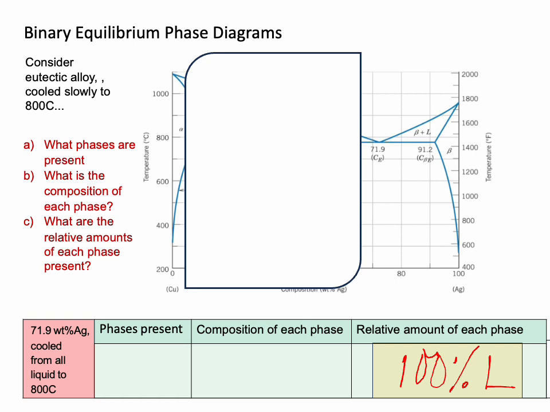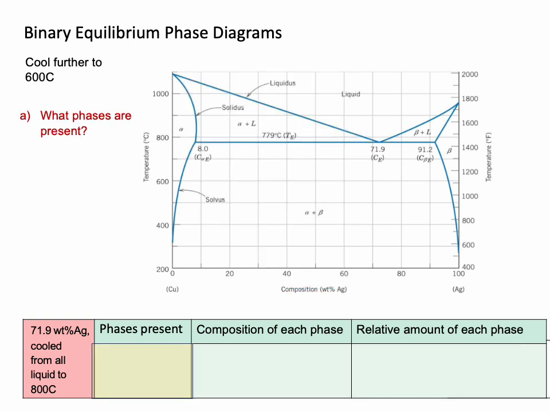All right. So let's go then to this same eutectic alloy, cooling it to 600 degrees. So now I am right there in the two-phase region. So I've got alpha and beta. The composition of the alpha was 3. The composition of the beta was 96.